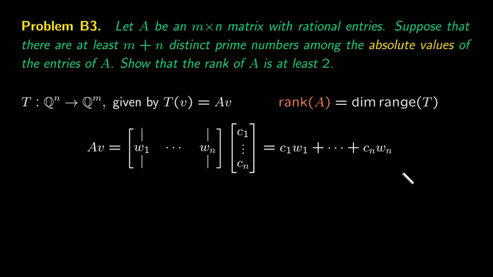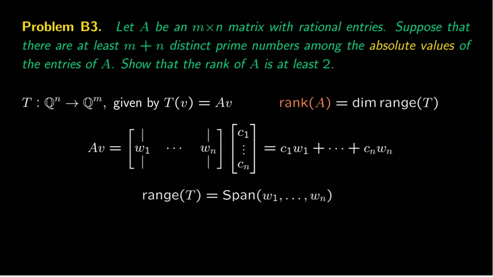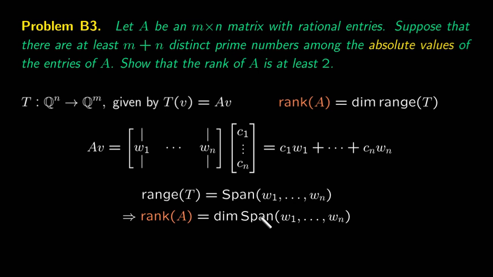The dimension of this one will be the rank of the matrix. Because of that, the range itself is simply the span of those column vectors, and the rank will be the dimension of the span of the column vectors. Often in a first-year linear algebra course this is introduced as the column space. So the rank is the dimension of the column space.